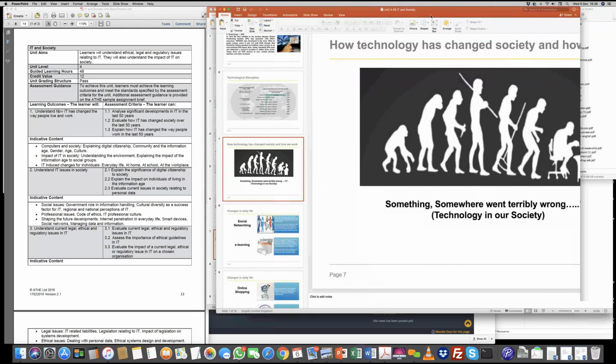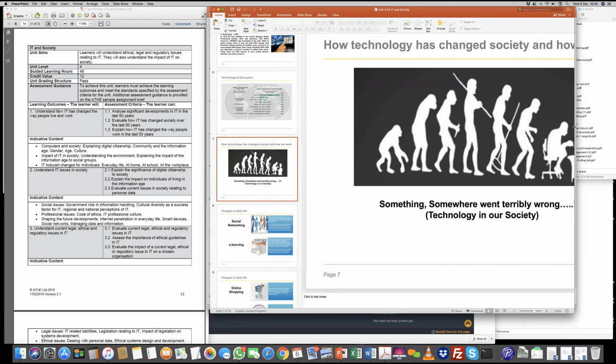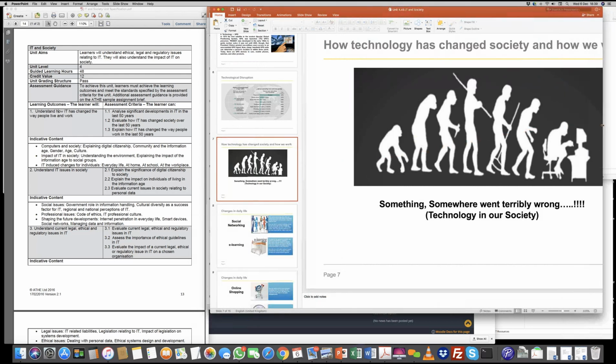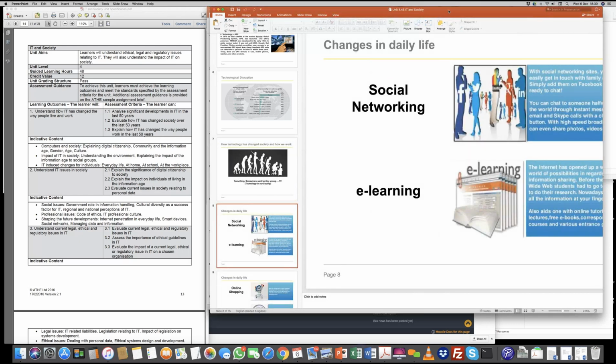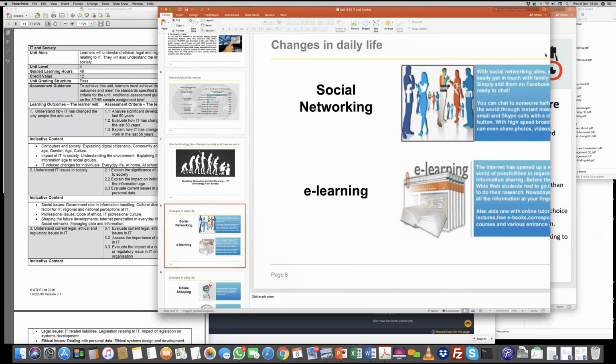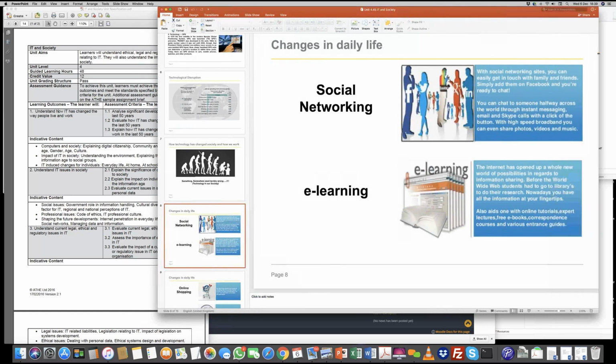Now look at the other side of it, which is how this is changing the way we consume information. Now when we look at something called social networking, can you think of when Facebook was introduced? I think it was around 2006, 7.